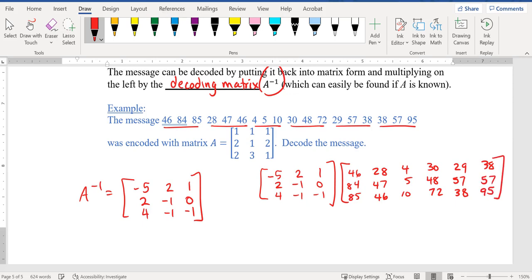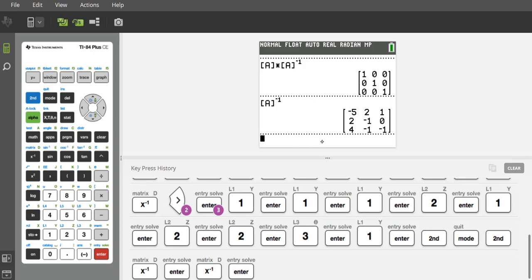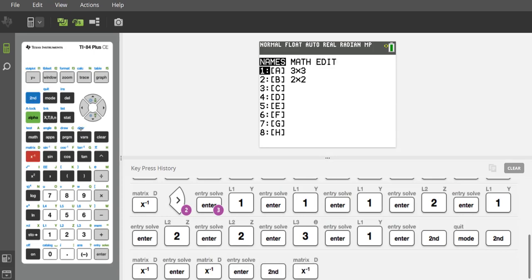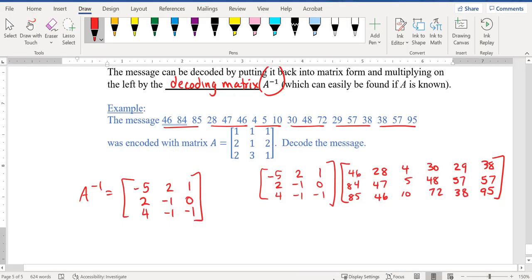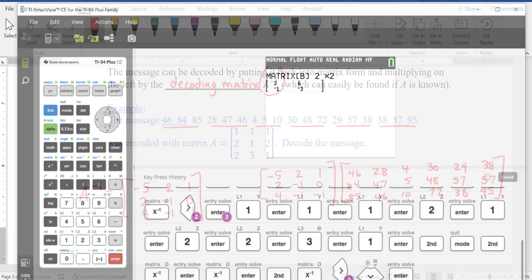I want to do that matrix multiplication on my calculator. So here goes. I'm going to leave matrix A alone. Then I'm going to go in here and do matrix B. So edit matrix B. That's going to be 3 rows by 6 columns.